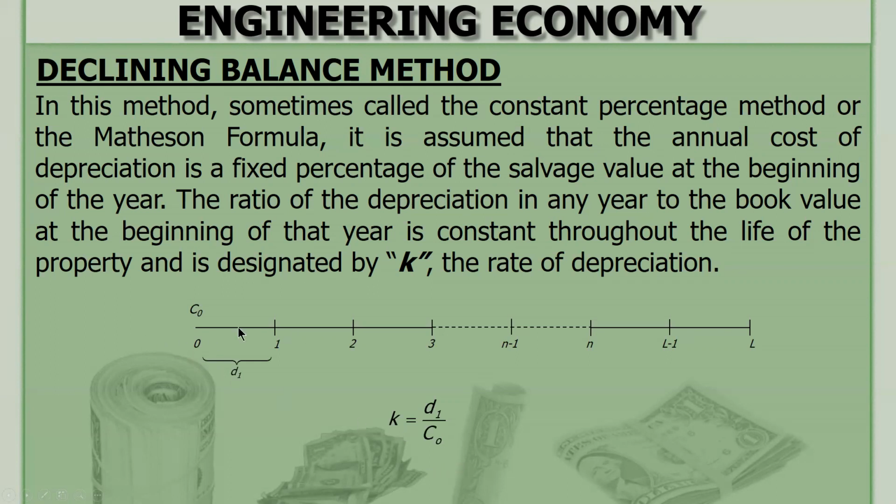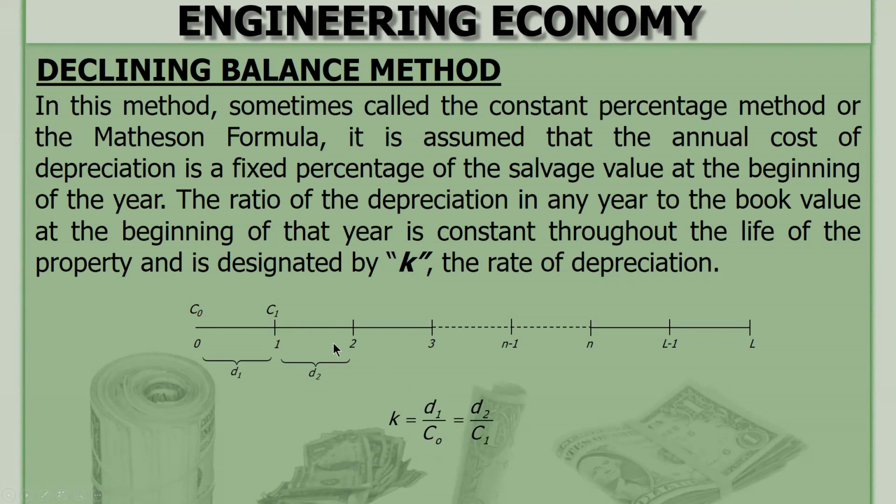Okay. Similarly, for year 2, the book value at the beginning of the year will be C sub 1. And for year 2, the depreciation will be D sub 2. And again, the rate of depreciation K is constant throughout the life of the property. Therefore, K is also equal to D sub 2 over the book value at the beginning of the year, which is C1.